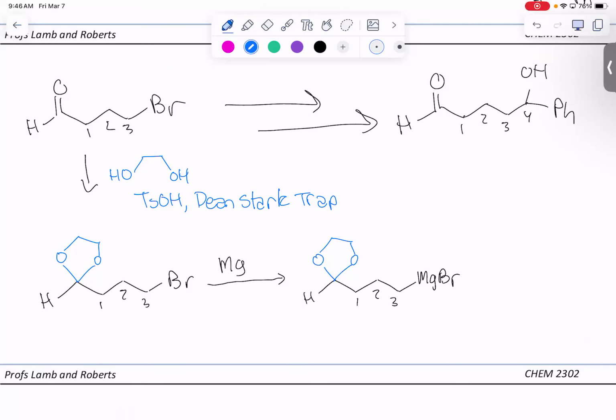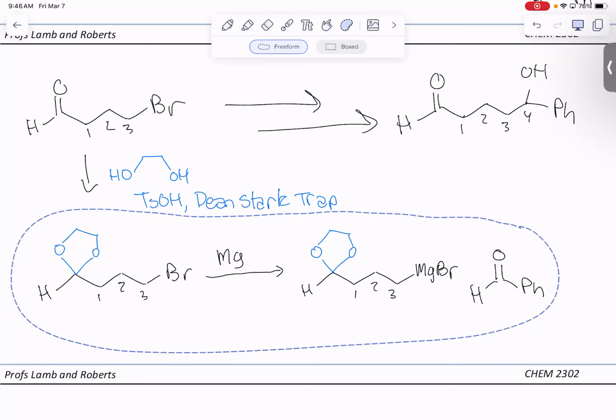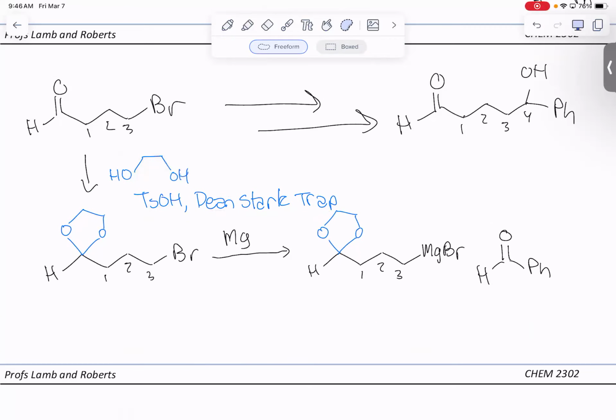Now we can go ahead and react this with the other carbon that we want to add to our chain and our phenyl group to make this into the product that we're looking for. All right, so we would add all of these things together. And then I have not left myself very much room. I'm going to move this up. Okay, so now we react these things together.